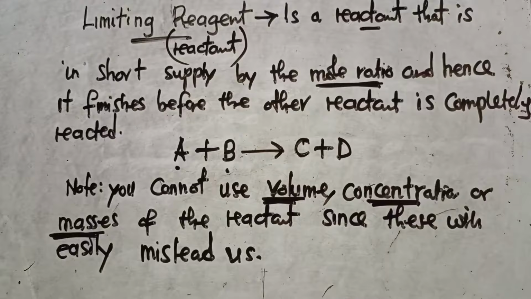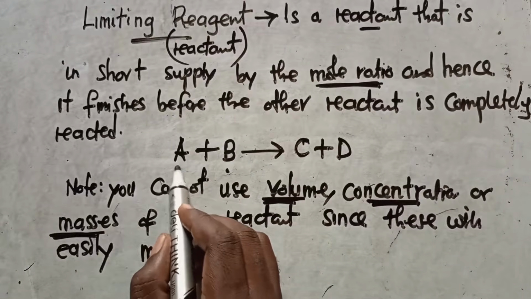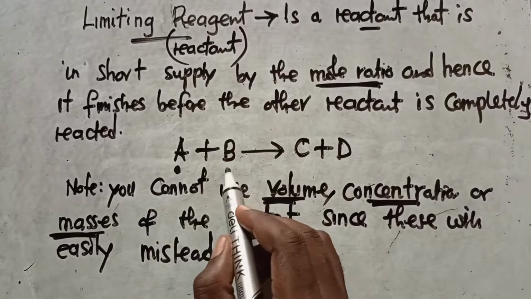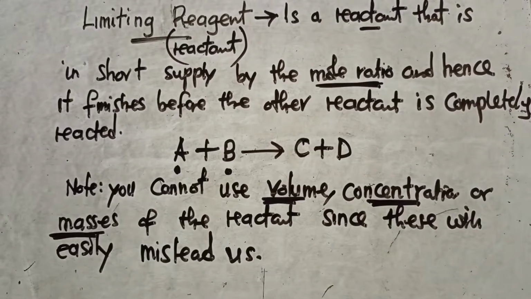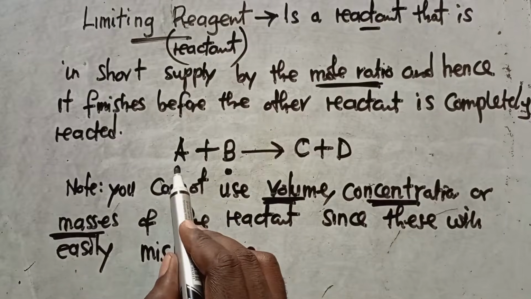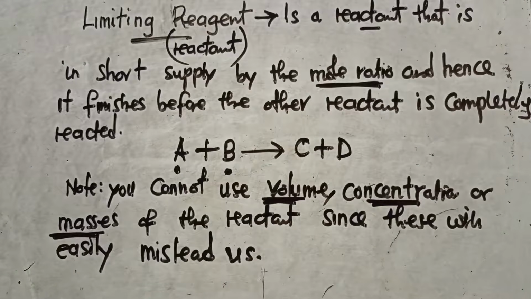So if you want to calculate the limiting reagent, you need to calculate the molar mass for A, the molar mass for B. After you calculate for these two, that's when you can determine the limiting reagent. The one that has fewer moles is the limiting reagent. So if you calculate the moles for this one and the moles for that one, you'll be able to determine the limiting reagent.